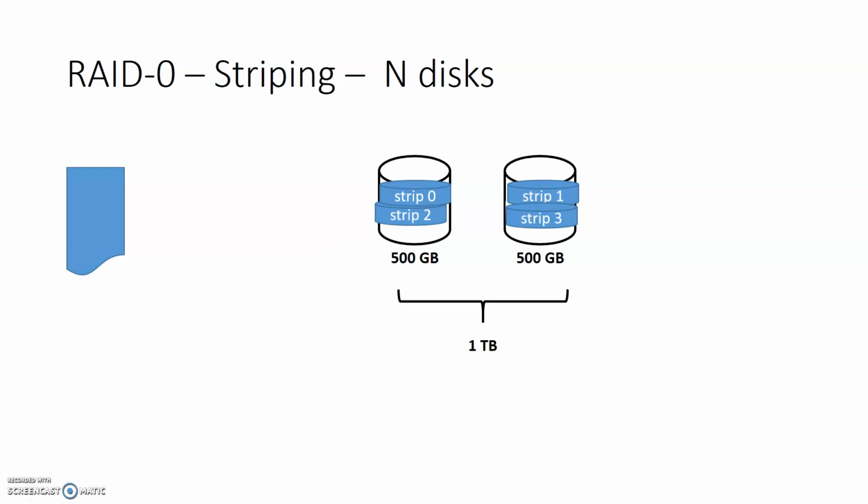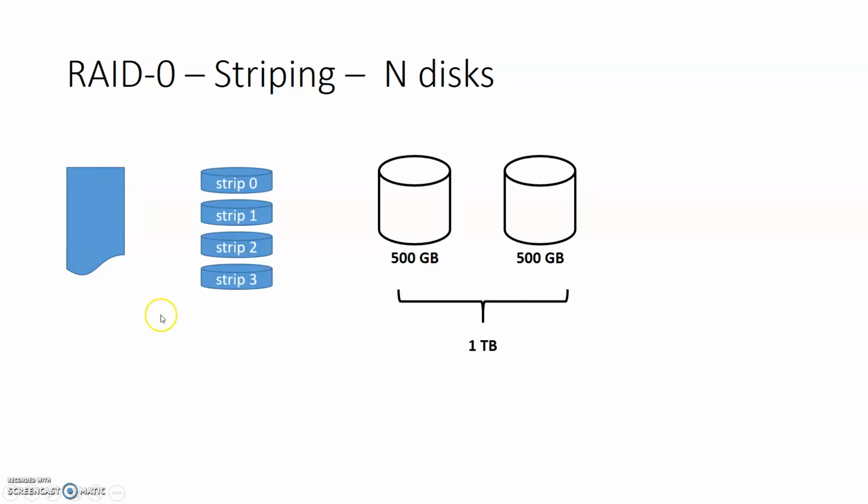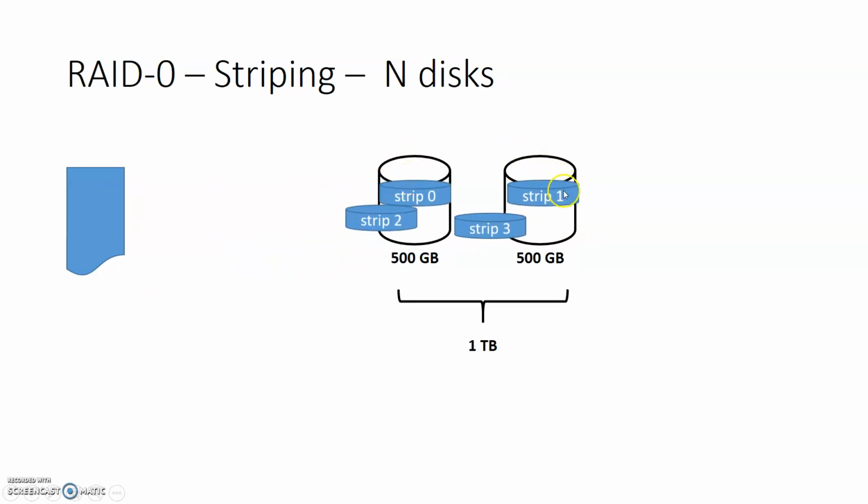From a writing point of view, so if I actually just back up for a second, let's just pretend that this is a bad exaggeration, but let's just pretend that this is 1 meg in size. And if we break it into 4 strips where each one's 250K, well, simultaneously we can write 250K and 250K, and then 250K, and then 250K.